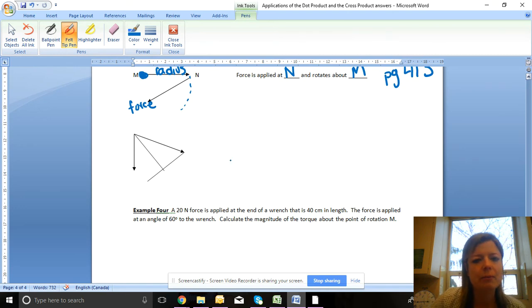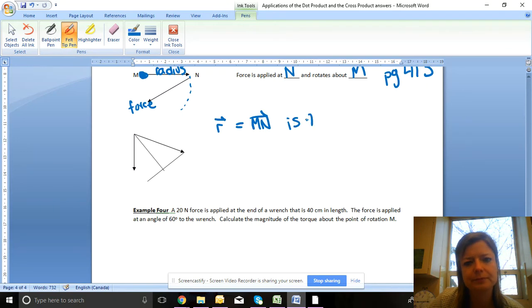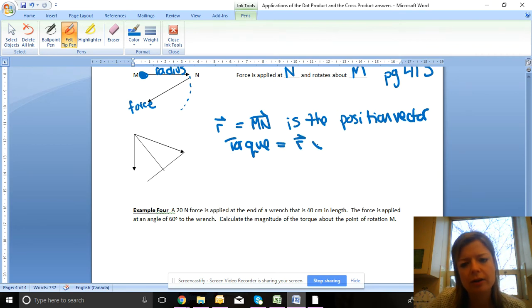But basically what we can boil this down to is that the vector R, which is MN, is the position vector of that radius, and torque is actually defined as R crossed with F. So this radius crossed with this force vector will give you, so the radius and the force together create a plane, and then the torque is what's perpendicular to that plane.